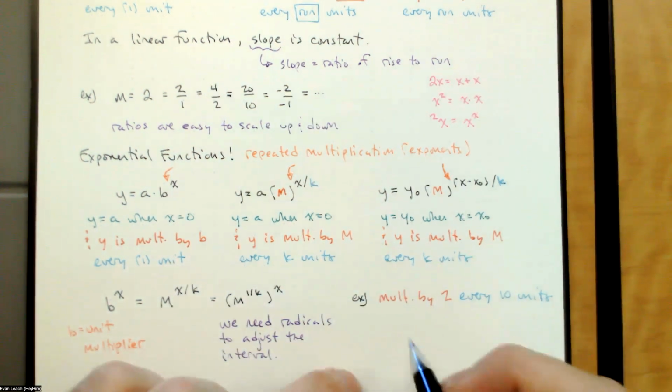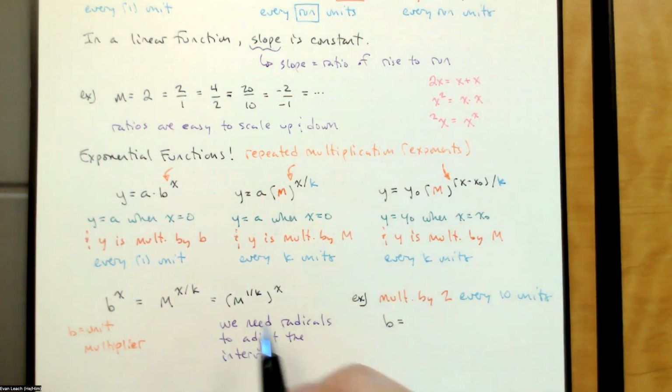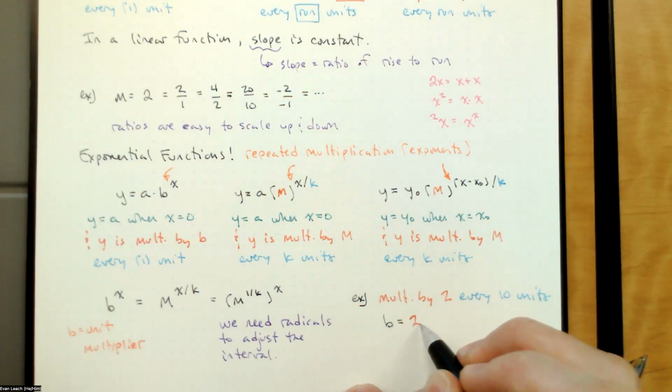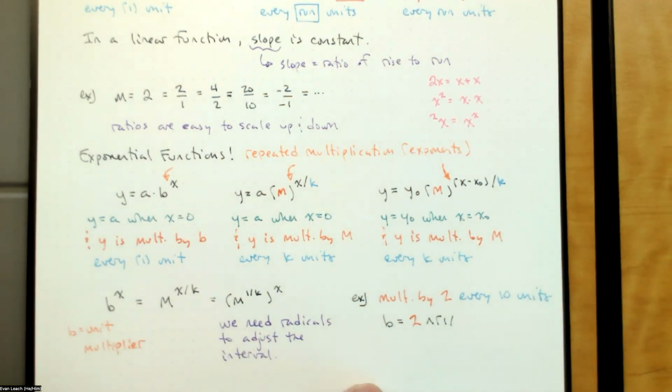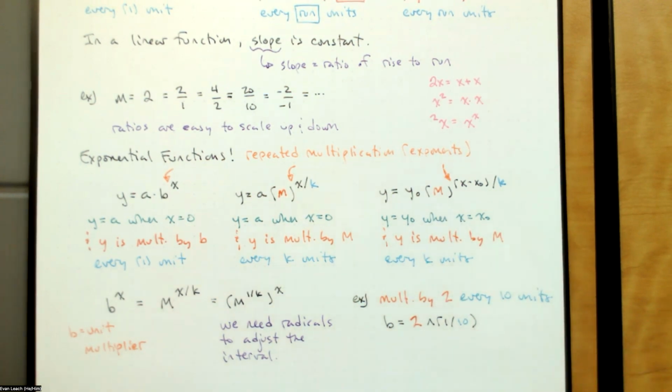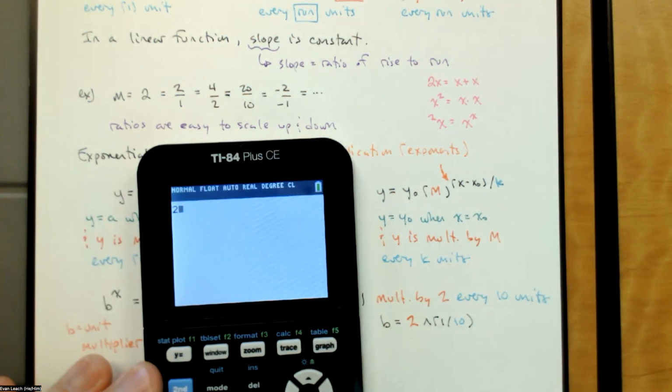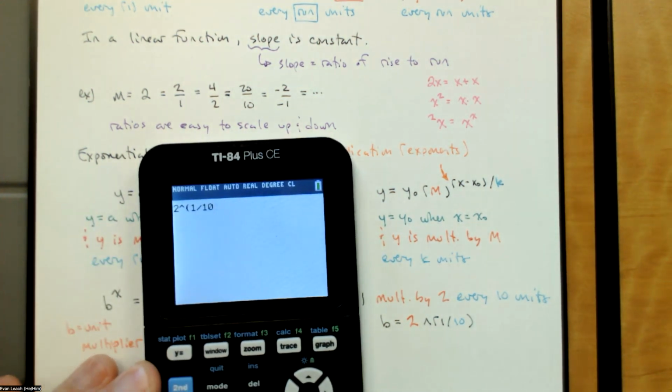But if we want the unit multiplier, I've got to take the base 2 and raise it to the 1/k power. And I do not know my 10th root. I'll just take 2 to the 1 divided by 10.